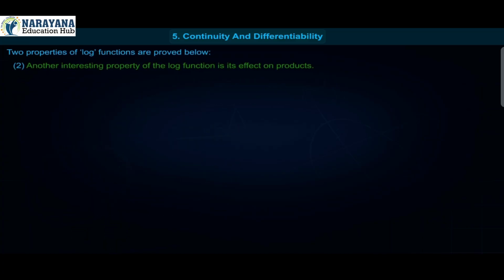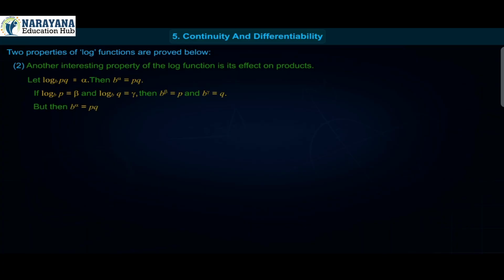Number 2. Another interesting property of the log function is its effect on products. Let log of pq to base b is equal to alpha. Then b raised to alpha is equal to pq. If log of p to base b is equal to beta and log of q to base b is equal to gamma, then b raised to beta is equal to p and b raised to gamma is equal to q.